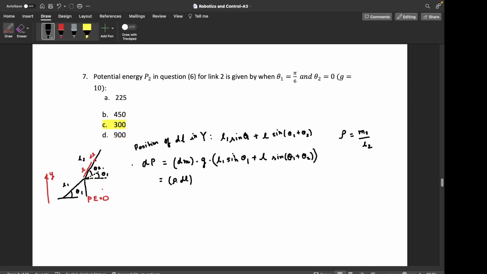Mass per unit length into that small length, that's the mass of that small element, and then the entire thing once again L1 sine theta 1 plus L sine theta 1 plus theta 2.